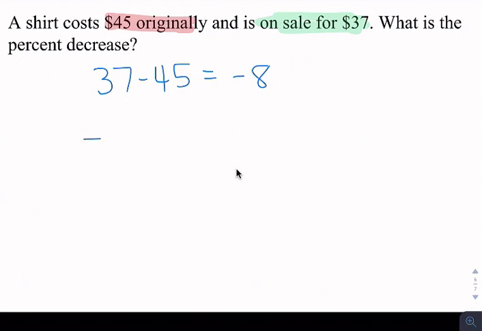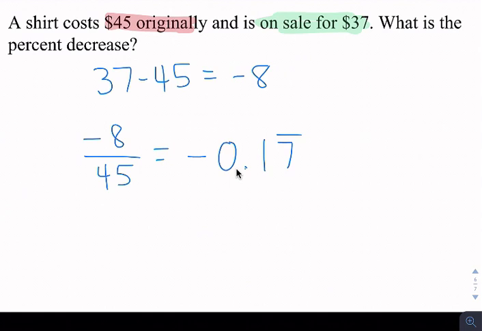Now we take the difference of negative 8, telling us it's decreasing because it's negative, and we divide it by not 37, but the original, which is 45, which gives us negative 0.17 repeating.